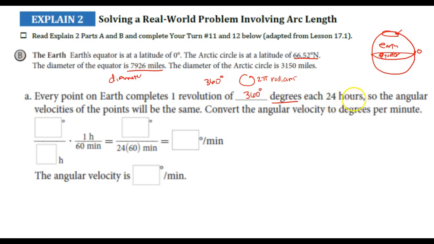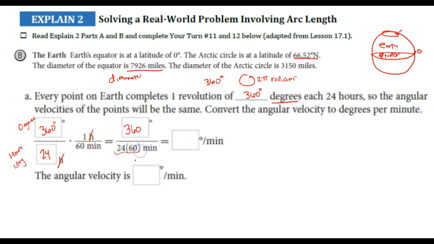So the angular velocity is going to be, well, what was our degree? About 360. And how many hours are in a day? Well, there's 24, right? They even said it right here in case you forgot. And here, you'll notice hours cancels out, and we're left with 1 times 360, which is 360 over 24 times 60.